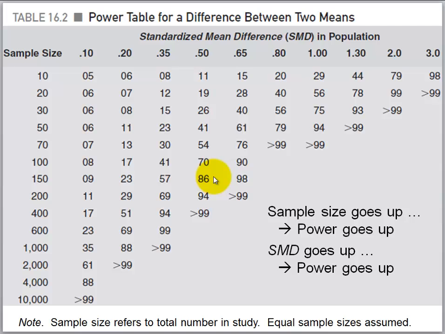A further presumption of this table is that group sample sizes are equal. As the group sizes get increasingly less equal, with the total sample size staying the same, your power is going to go down. This chart is pretty darn helpful for getting a feel for power.